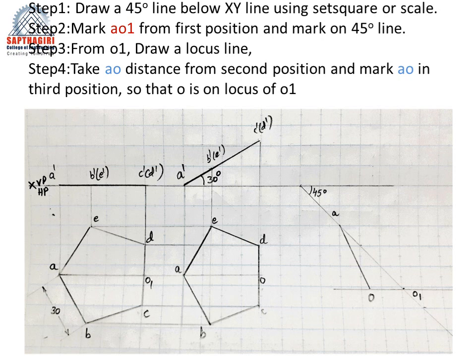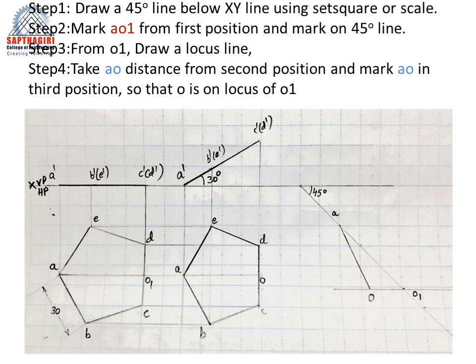I am identifying it as AO1, and the apparent length of the perpendicular bisector is AO. Draw a 45-degree line using a set square or by joining the diagonals. Just directly draw a 45-degree line. On this 45-degree line, first represent AO1. Take the measurement of AO1, mark it on the 45-degree line and draw a locus.